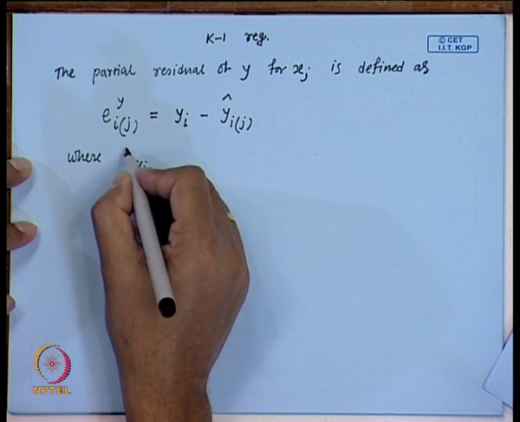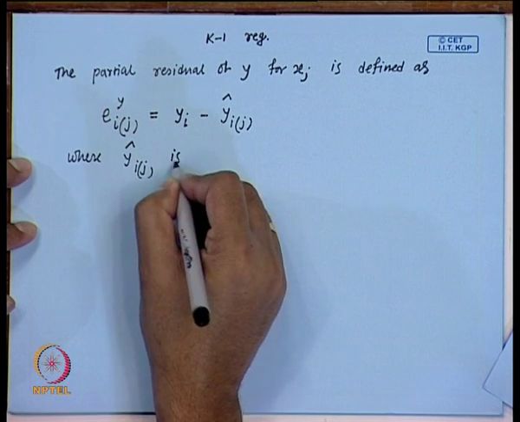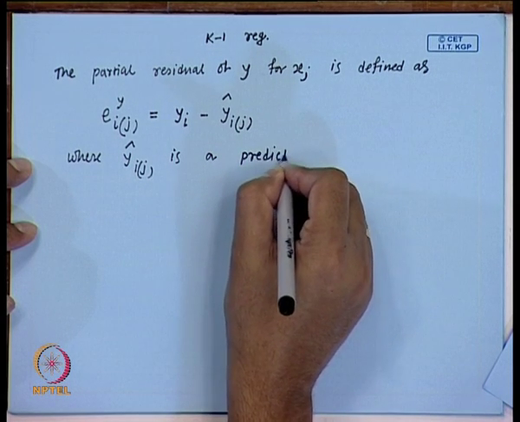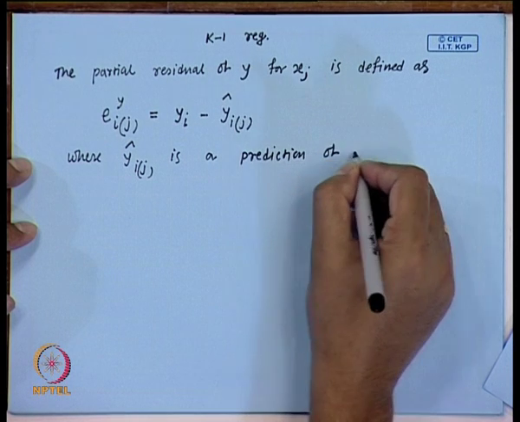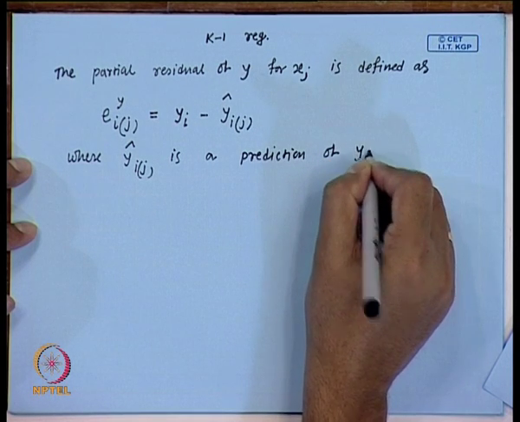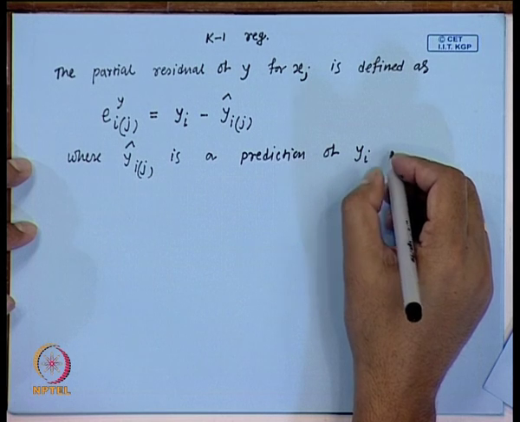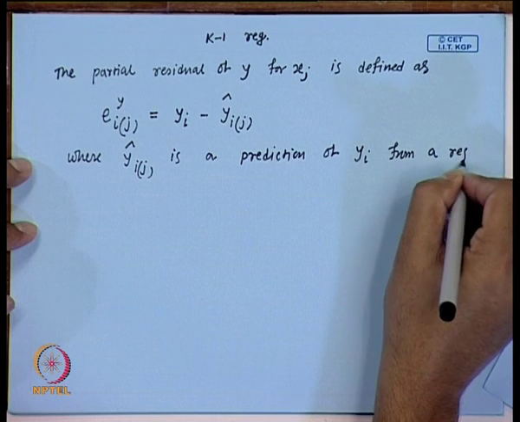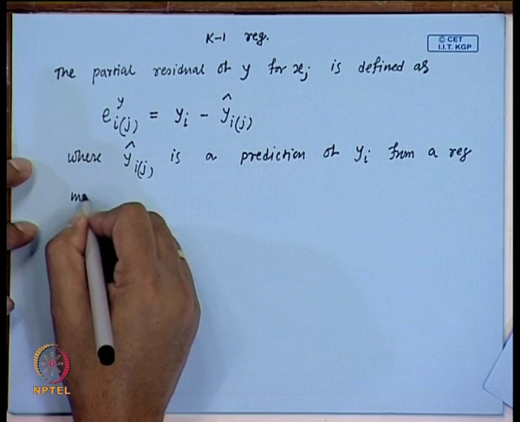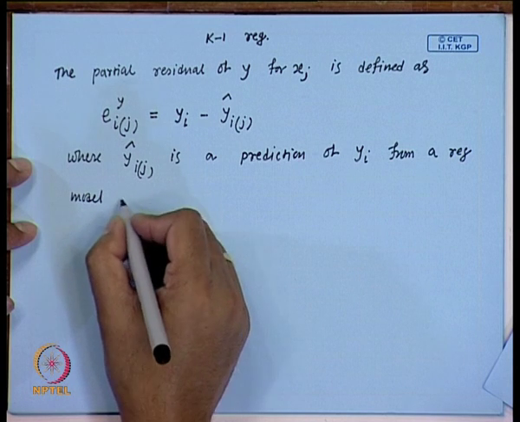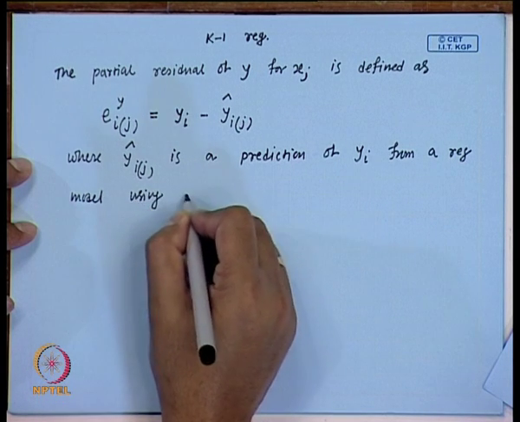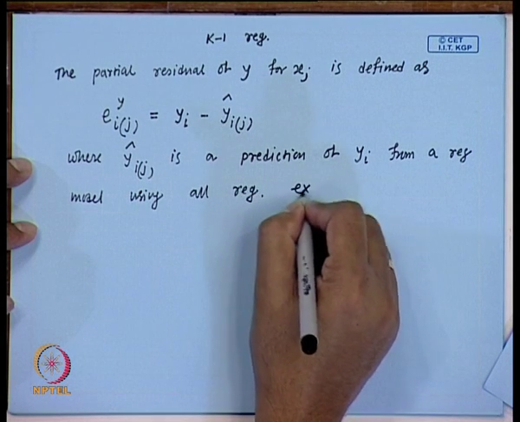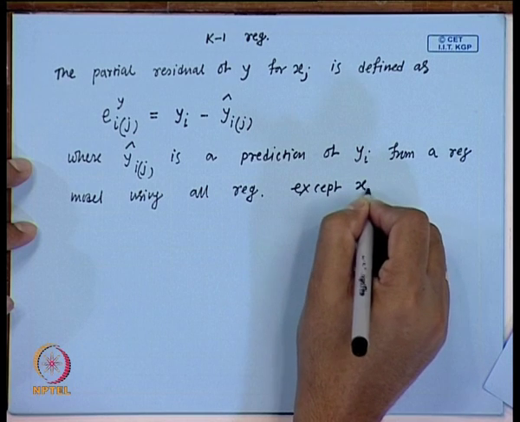Here yij hat is a prediction of yi from a regression model using all regressors except xj.